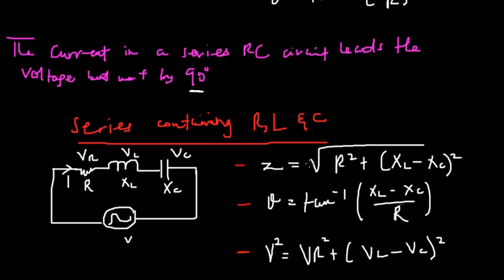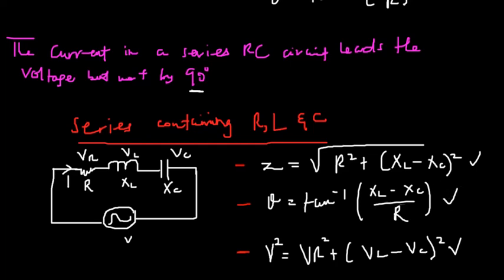So the impedance will be the square root of R squared plus X subscript L minus X subscript C, all squared. This is taken into consideration, this formula too, and then we have the phase angle.